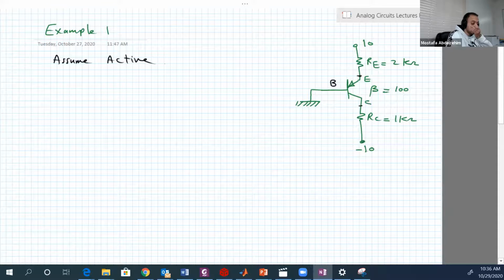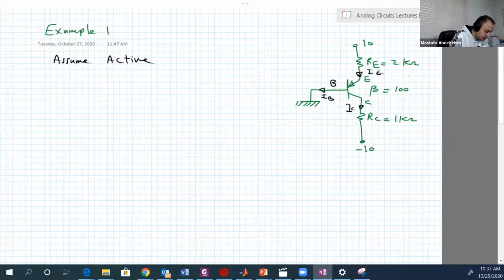Before anything, because this is PNP and there is a lot of confusion with it, first, before going into the solution, draw the positive directions of the current. IE should be going into the emitter, IB should be going out of the base, and IC is also out of the collector. So this is IC, this is IB, this is IE.